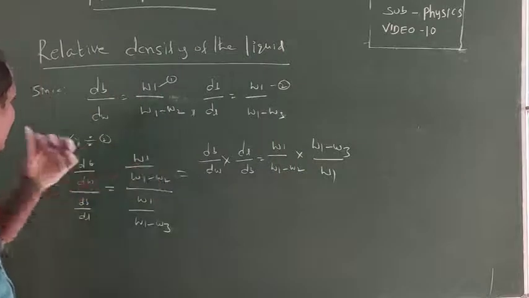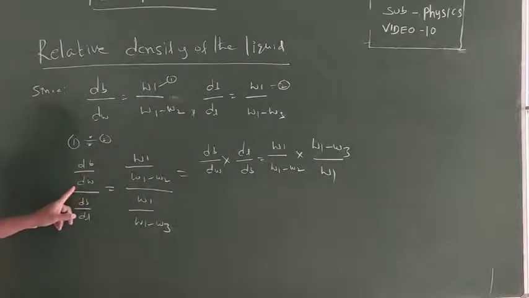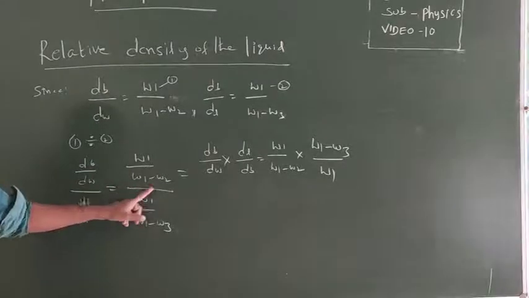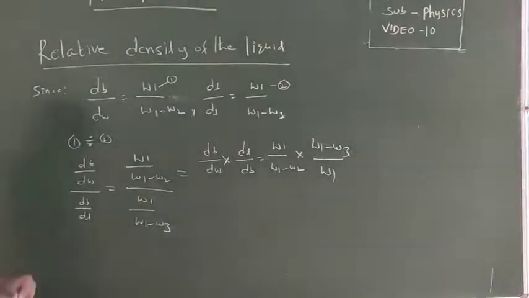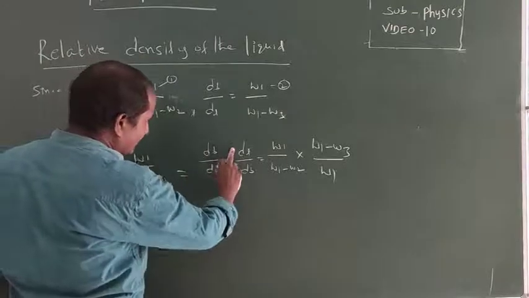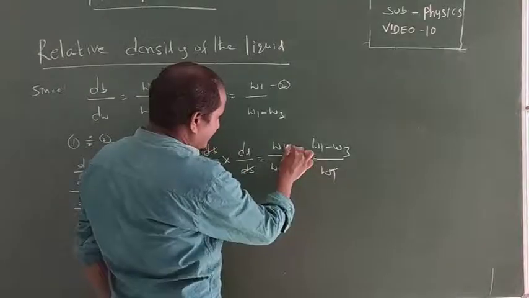From these two, equation number 1 by 2, density of the body by density of the water into density of the liquid by density of the body equals W1 by W1 minus W2 by W1 by W1 minus W3. These two get cancelled, and W1 gets cancelled.